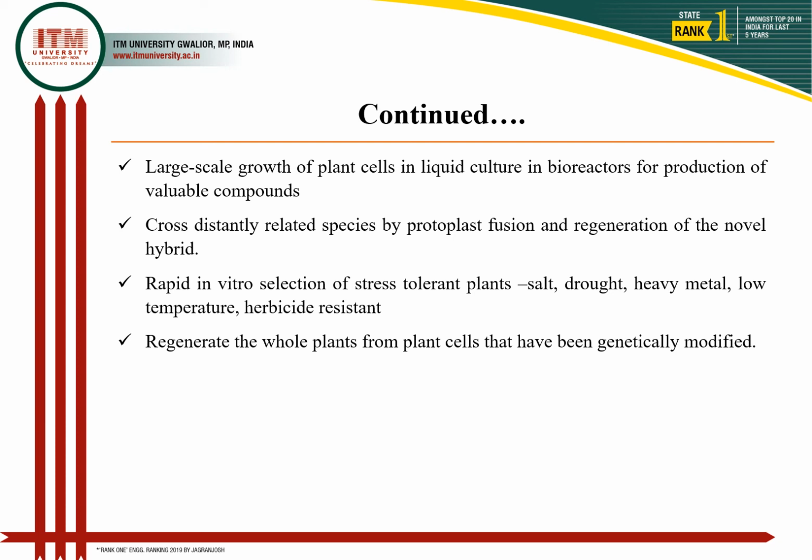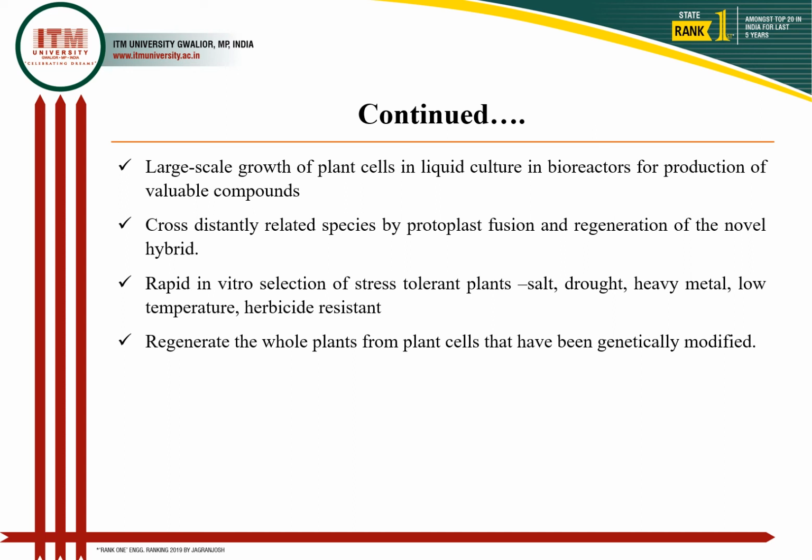A cross of distantly related species by protoplast fusion and regeneration of the novel hybrid is only possible through tissue culture techniques. Development of stress tolerant plants, related to salt tolerance, drought tolerance, heavy metal tolerance, low temperature tolerance, and herbicide resistance, can all be achieved rapidly by in vitro selection of stress tolerant plants.